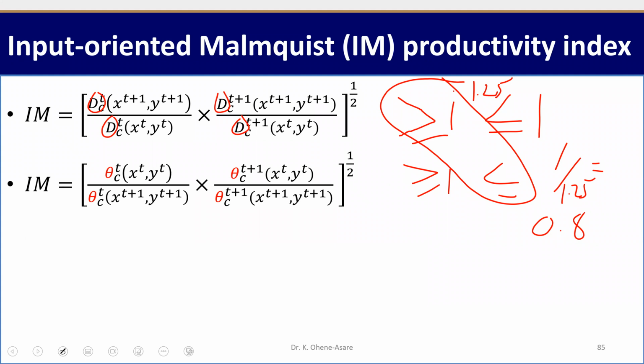If you are using efficiency scores, you are still going to get 1.25. Who can tell me why? For the second one. Michael, you thought that the results will be different, right? Is that what you thought?